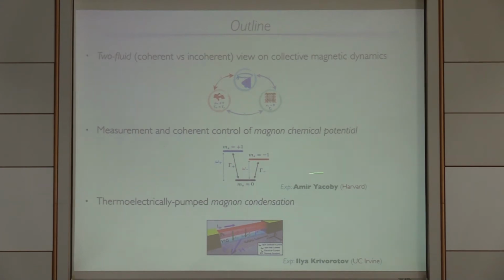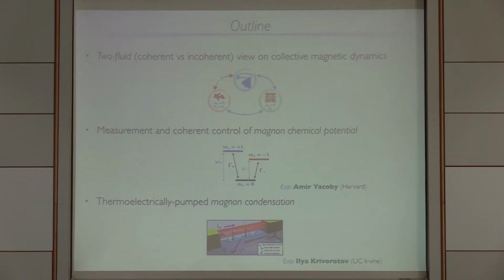First experiment, in the Yakovic group, on a detection of magnon chemical potential. That's a new aspect that is really important, a central aspect for understanding the fluid dynamics. So that's the first experiment that directly detected, measured magnon chemical potential.